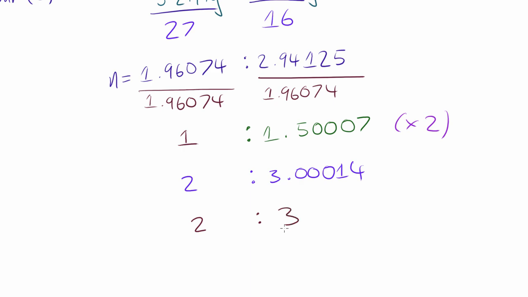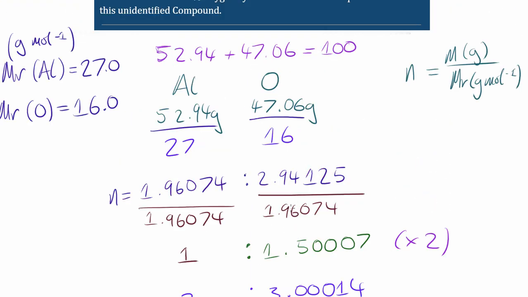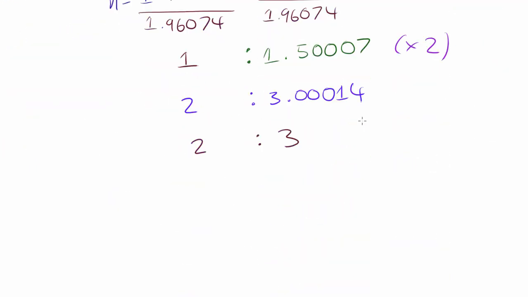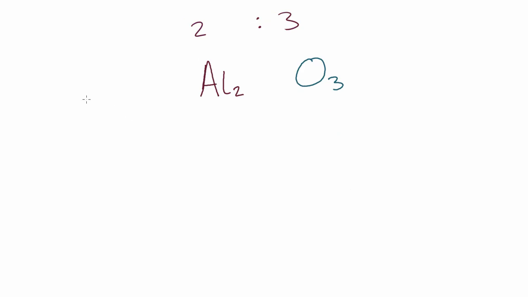Okay, and remember, this is aluminum, this is oxygen, right? Therefore, we can say that Al is going to be Al2, and for oxygen we can say O, and 3 would correspond with that, right? And effectively that gives us what?